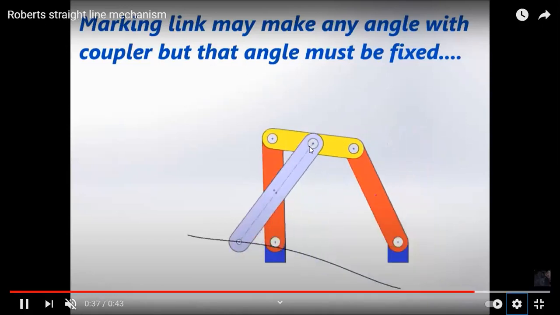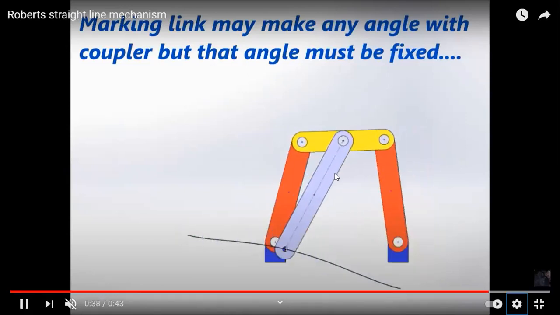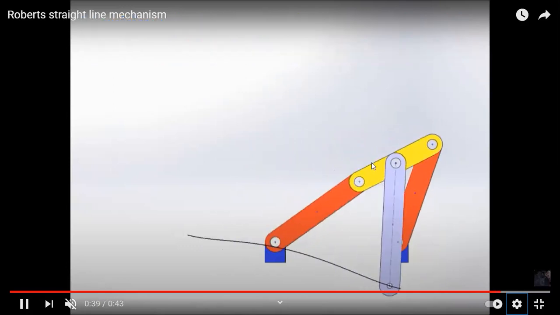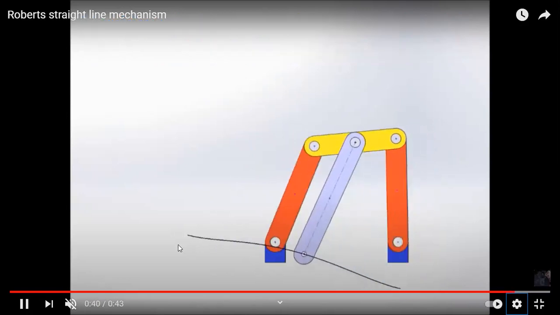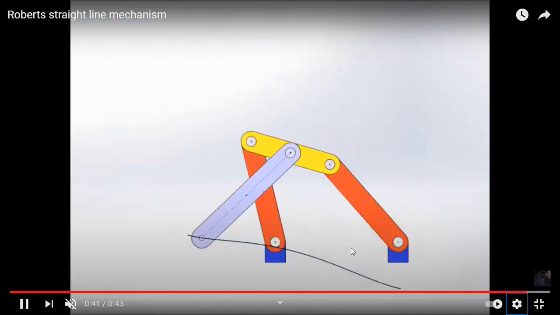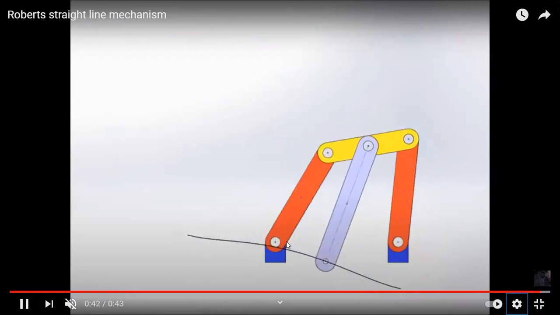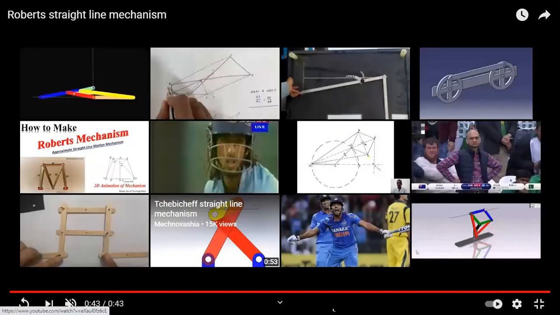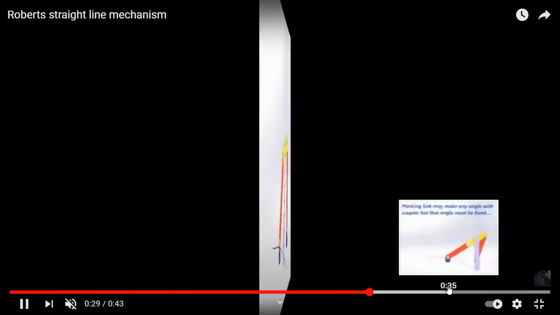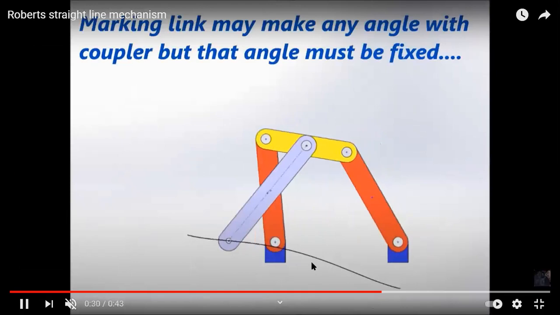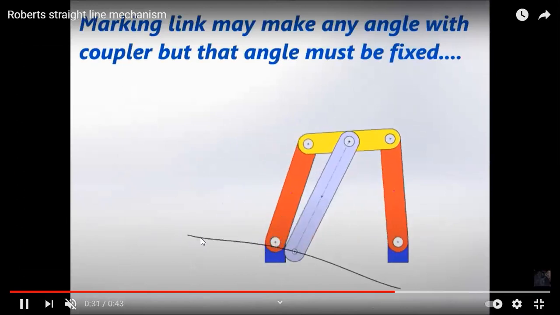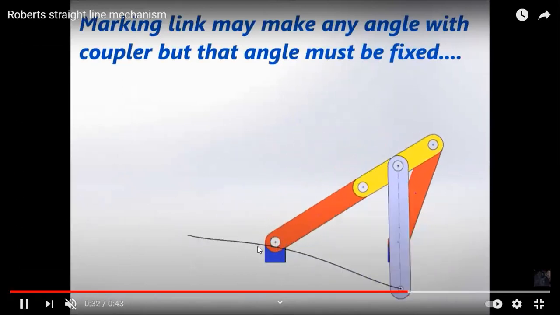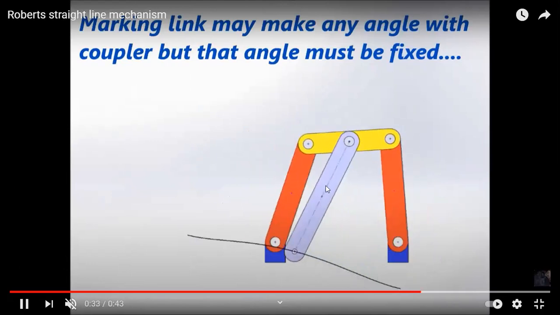There you can see the link which is positioned at some angle. So there is a difference between the straight line O1, which is the fixed points on the base, and that is the straight line formed with the positioned link.